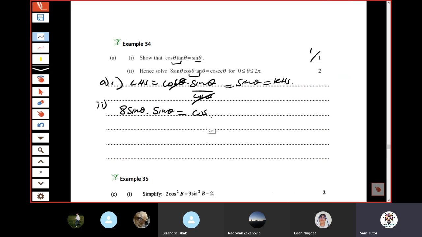I personally would not have written cosec either, because I know I can't use it. I would have written cosec as 1 on sine. Now, I know I don't want sine here, so I'm going to multiply it over. That becomes 8 sine cubed theta. Sine times sine is sine squared, times another sine becomes sine cubed, equals 1. Bring it over, 1 on 8. What are you going to do now?